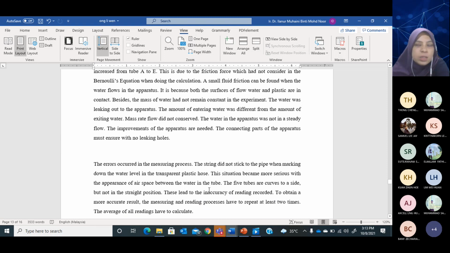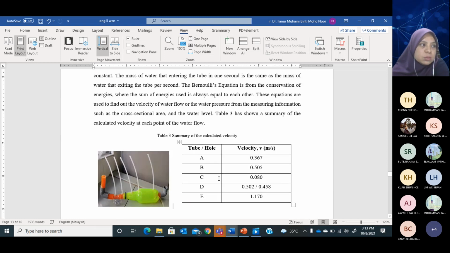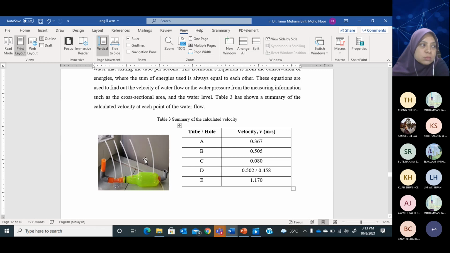Velocity at A should be highest. A. At the small area. You use logic. I mean explanation in table form can also.